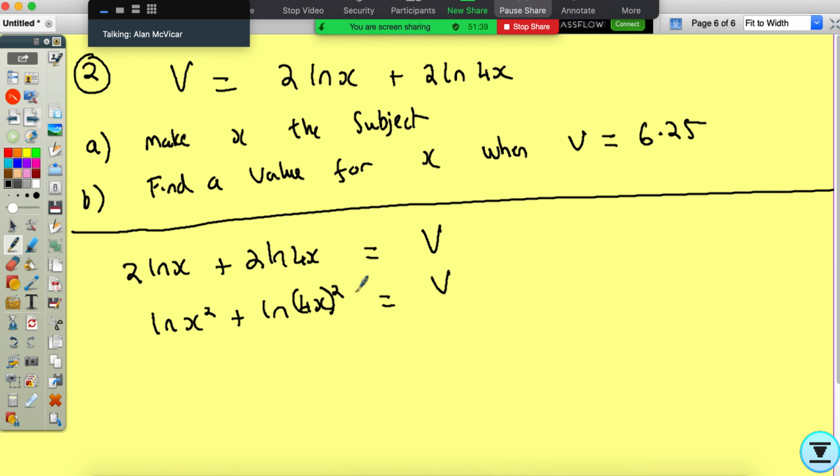So don't miss that out. I don't actually think it comes up, but I want to make sure that you know that if you get situations like that, you need to square everything that's inside your log term. So that's ln x squared plus ln, and remember 4 squared is 16, so it's 16x squared equals v.